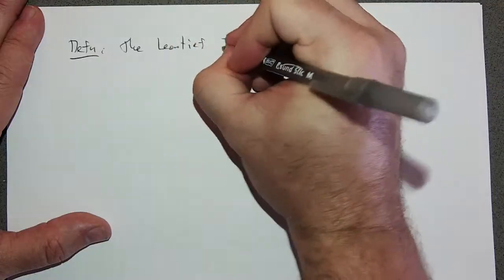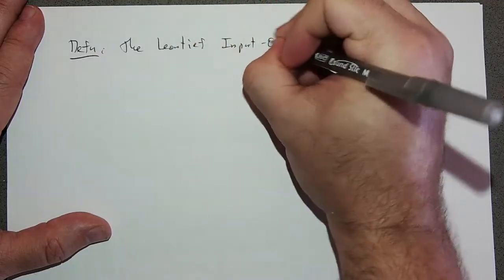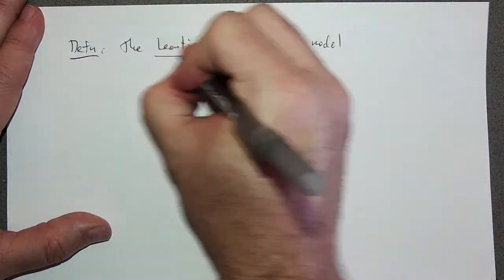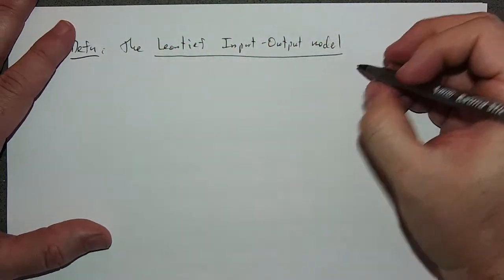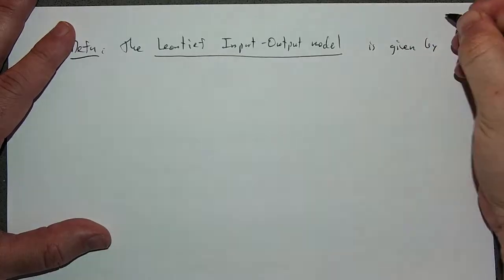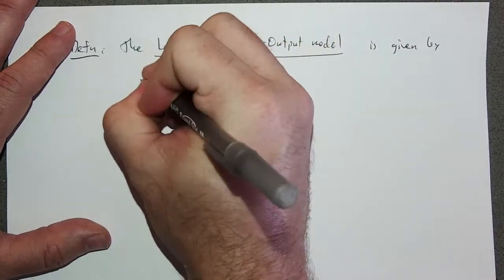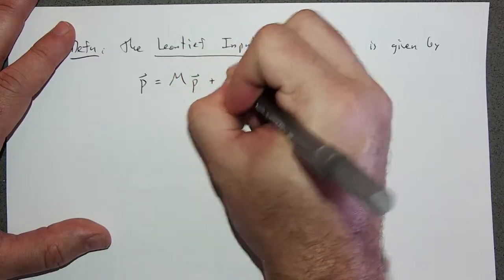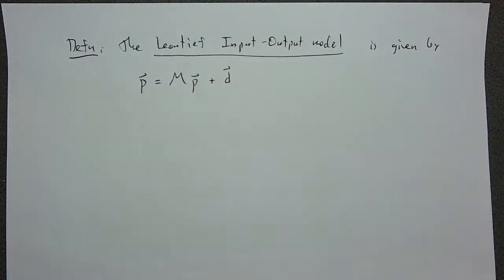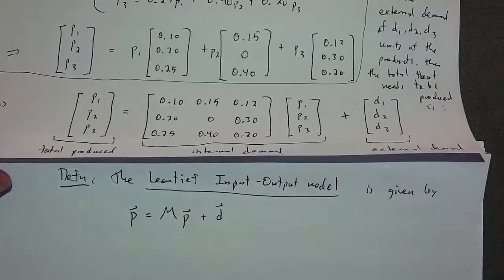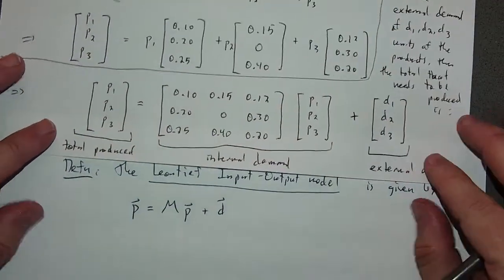The Leontief Input-Output Model is given by P is equal to M times P plus D. Just check that this is in fact what we had written previously here. Yeah, right, that's it.